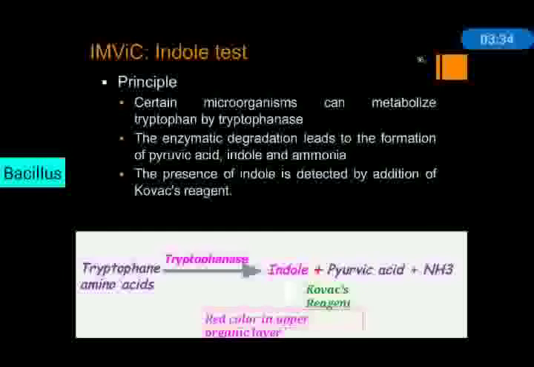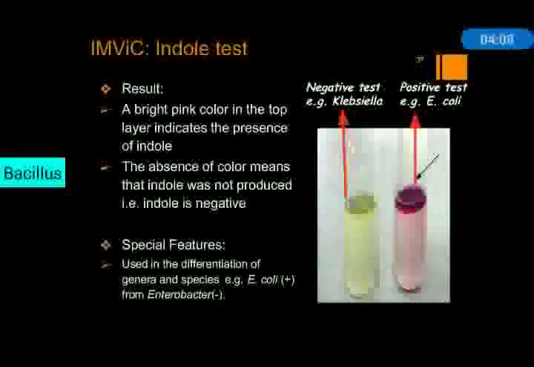The presence of indole is detected by addition of Kovac's reagent. You can see this in the chart. After degradation of tryptophan, indole, pyruvic acid and ammonia are formed, and after addition of Kovac's reagent a red color appears in the organic layer.